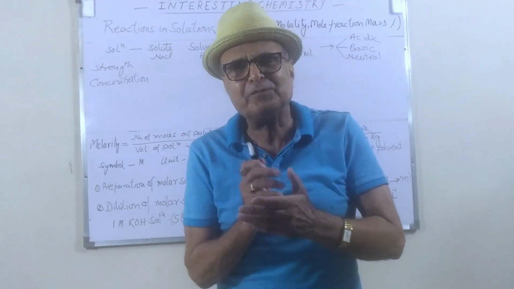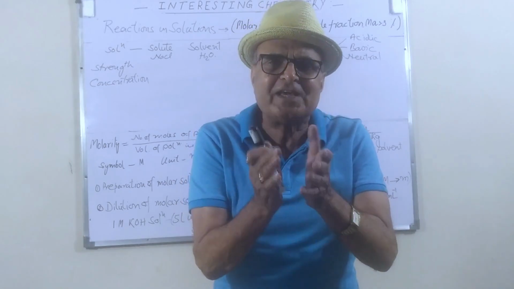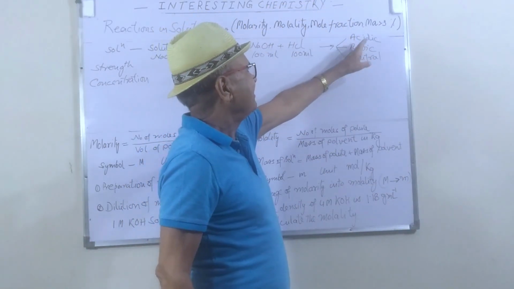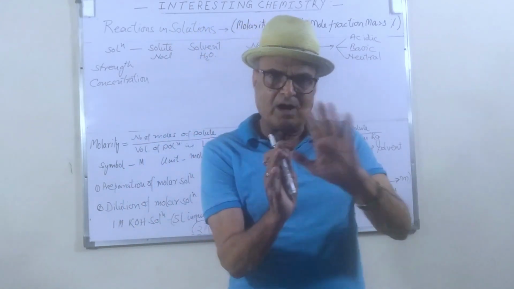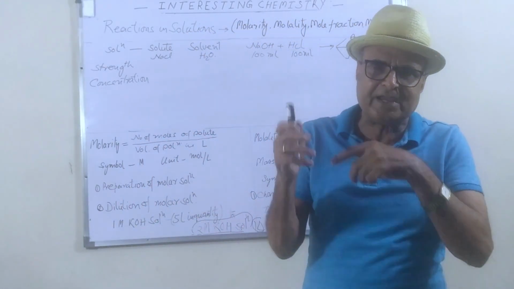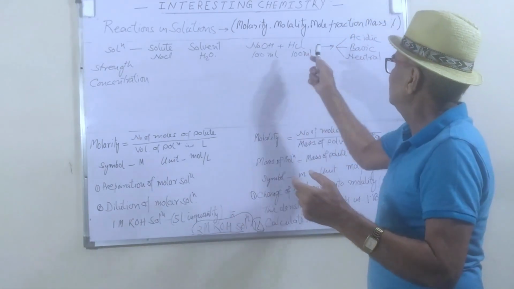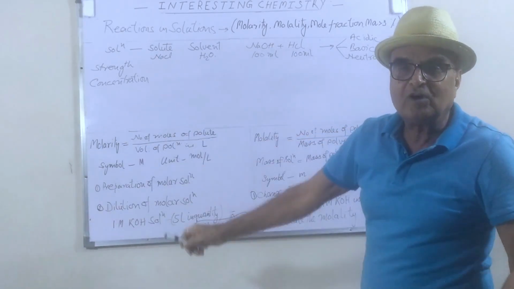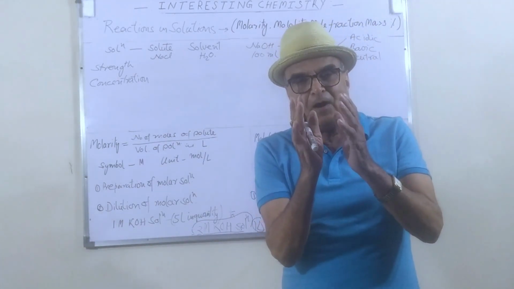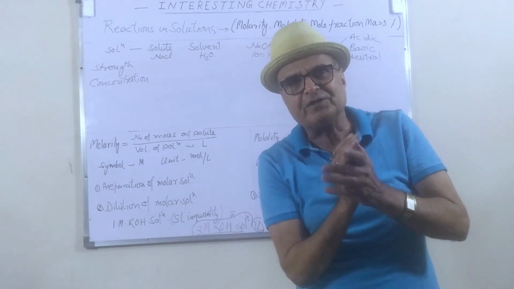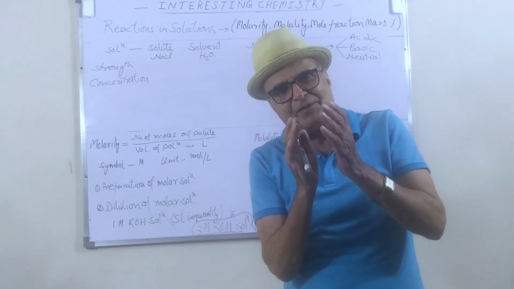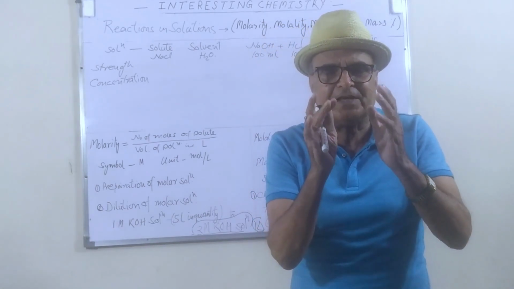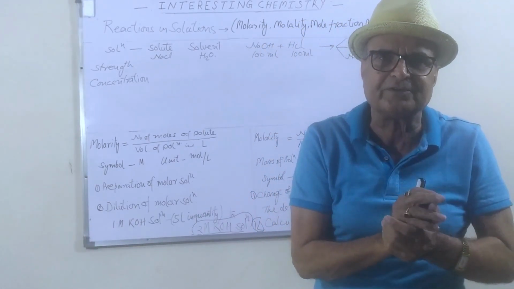If you perform this experiment in your lab with litmus paper, you can tell acidic, basic, or neutral, but you can't explain the reason without the amount. So the amount dissolved in a solution plays an important role in the reaction in the solution.